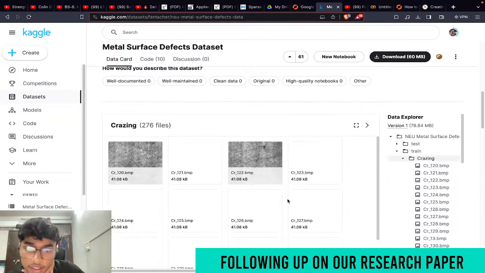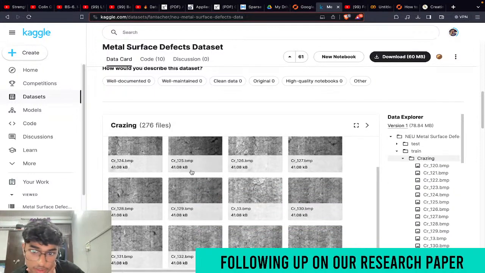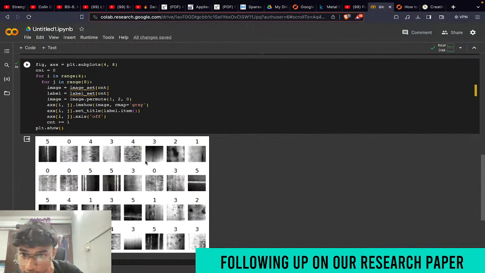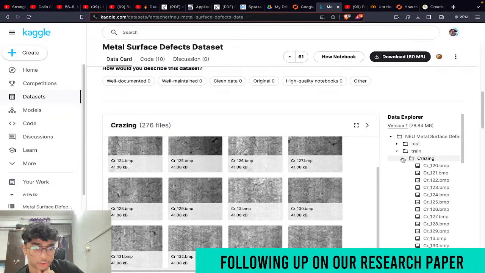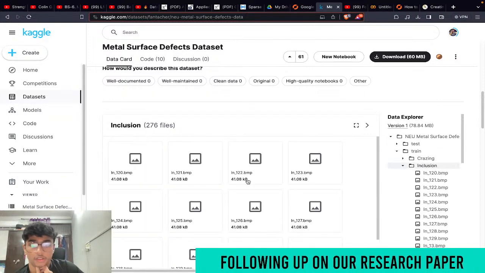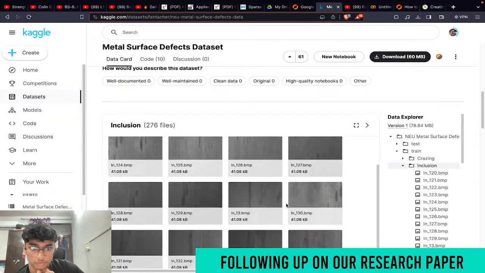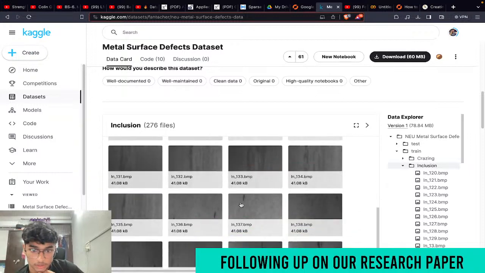Right. So crazing, how does crazing look? Crazing looks like old concrete buildings, old paint. What does zero look like? Yeah, it does look like that a bit. Maybe we should check one, two, just to be sure. Inclusion has this effect.